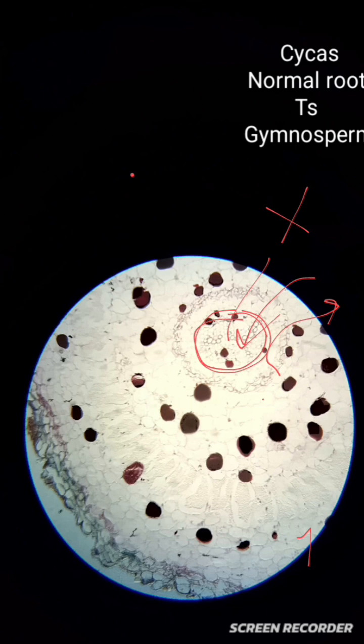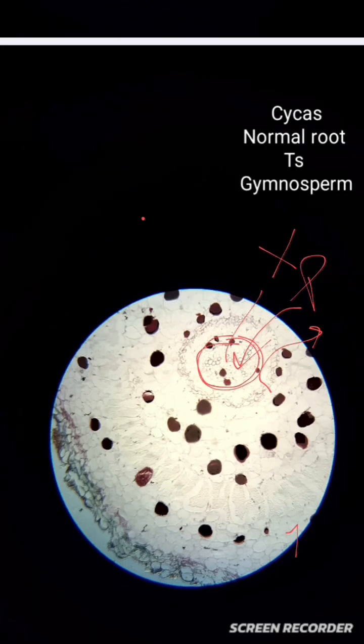And xylem and phloem are present alternate to each other. If we talk about the pith, in the normal root or in the coralloid root, the pith is reduced or absent in both cases.